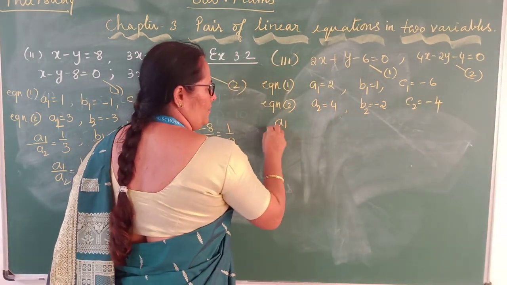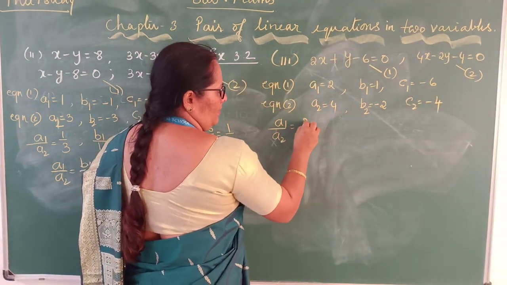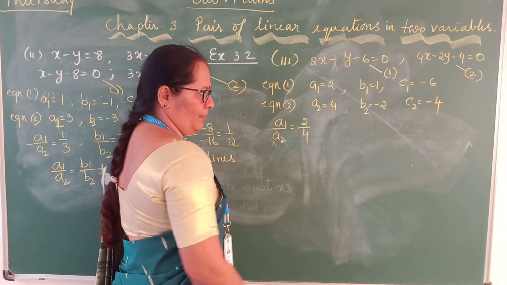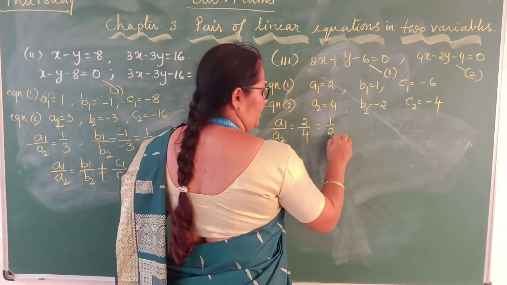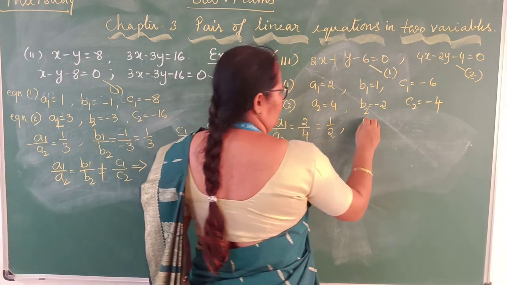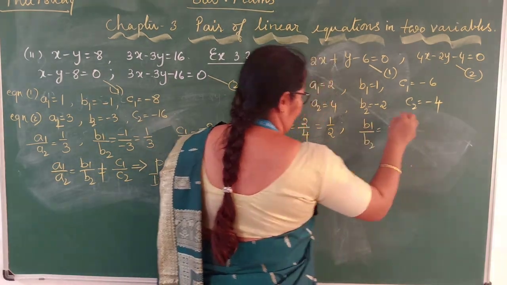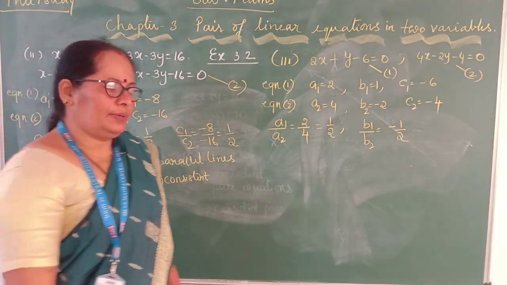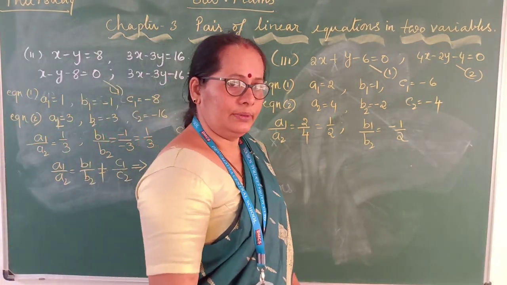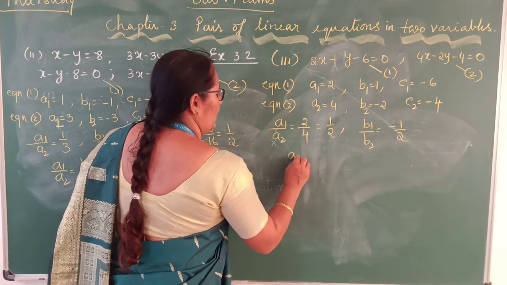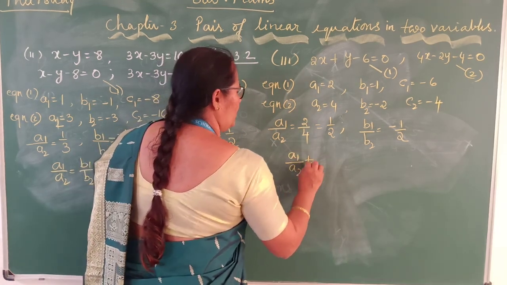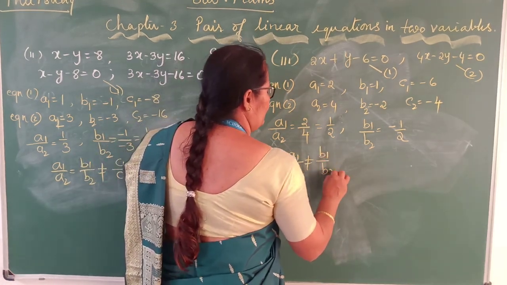Now, a1 by a2 is 2 by 4, which is equal to 1 by 2. Then b1 by b2 is minus 1 by 2. Now, is 1 by 2 equal to minus 1 by 2? No. So a1 by a2 is not equal to b1 by b2.